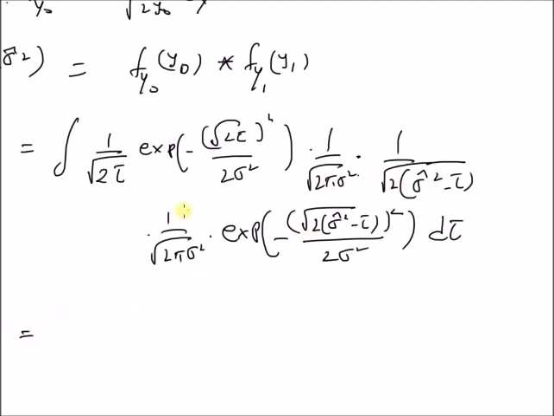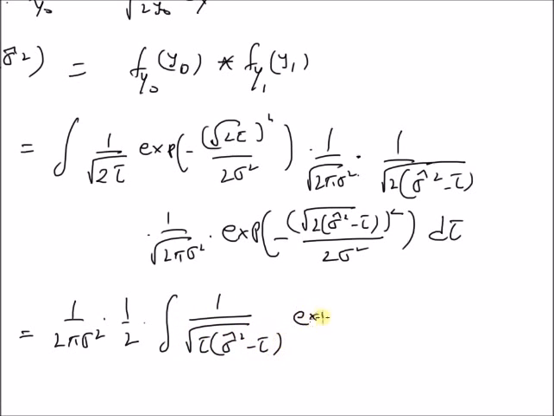So by separating the independent constants, we have 1 by 2 pi sigma square into 1 by 2 into integral 1 by square root of tau into (sigma hat square minus tau) into exponential of minus tau by sigma square, that is from the first term, and from the second term we have minus (sigma hat square minus tau) divided by sigma square, d tau.